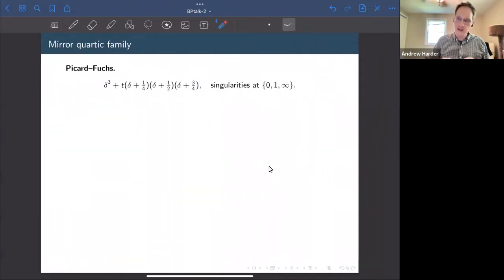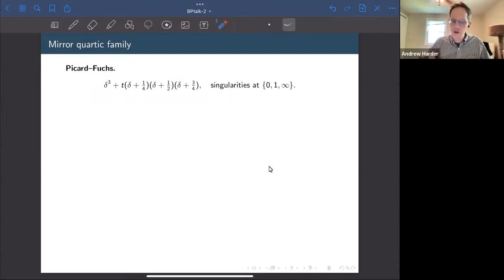So to give a very basic example, and to explain where my connection to hypergeometric things comes in, let's do this computation for the mirror quartic family. For the mirror quartic family, the Picard-Fuchs equation is this hypergeometric type equation given by this.